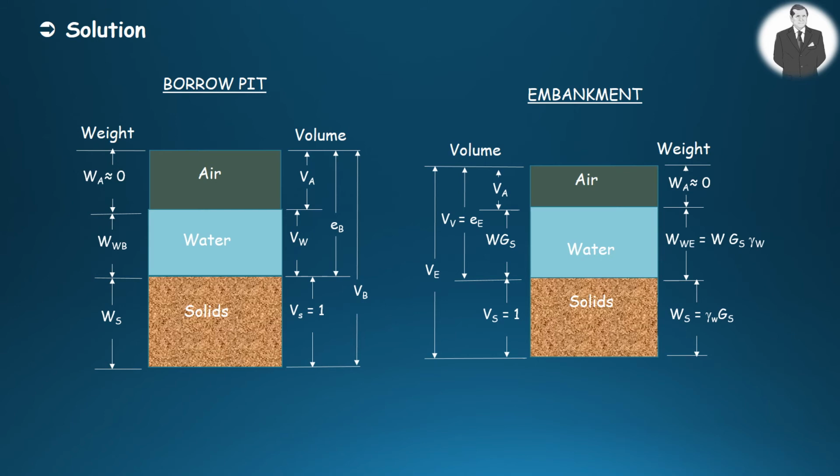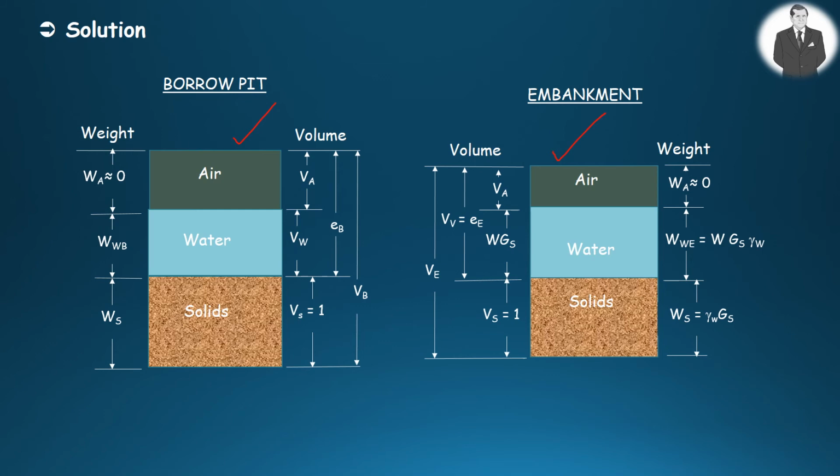Namely, they contain air, water, and solids, as shown in the figures here. Our soil physical model is based on 1 cubic meter of soil, and all other relevant quantities are referred to it. So they are clearly defined on the physical models.